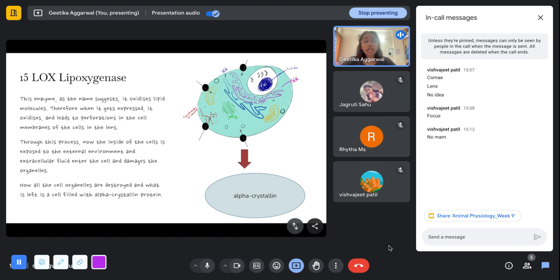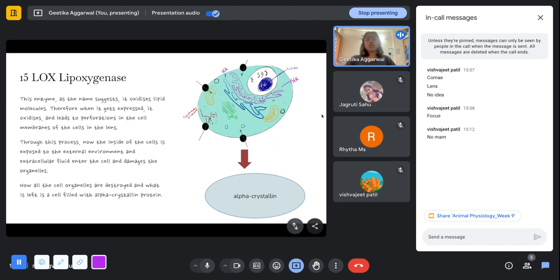Okay, so does everybody actually understand how the lens is getting developed, or how it becomes transparent from opaque? Okay, I will move on. If you have any doubt about this, you can ask me.